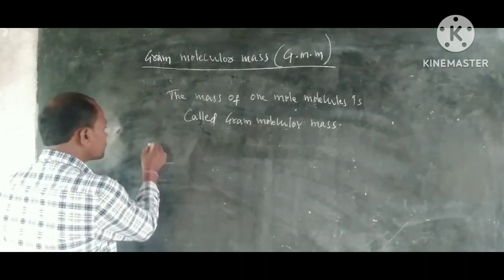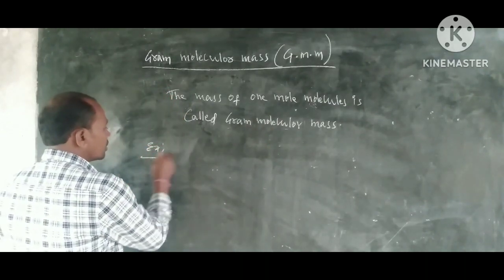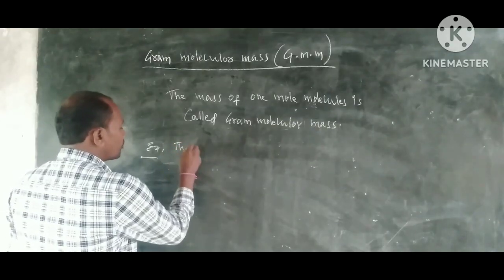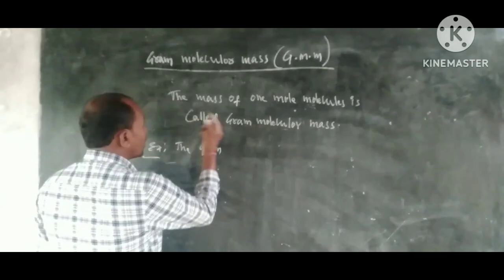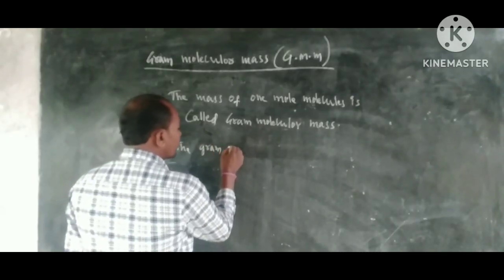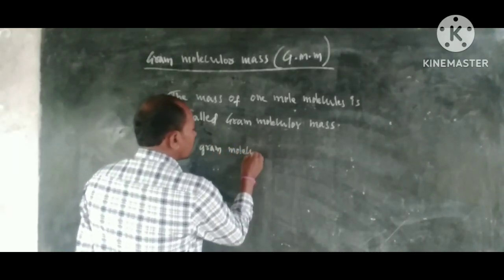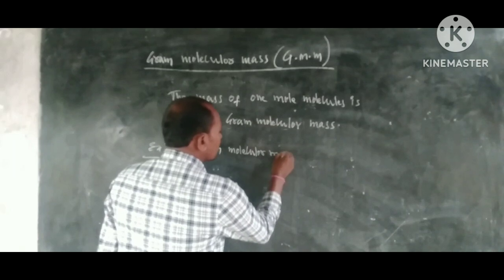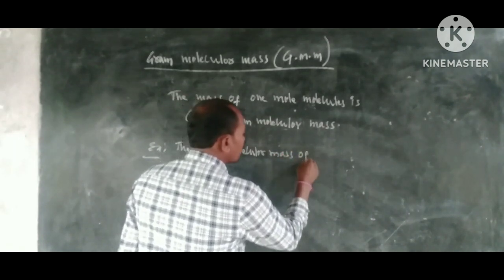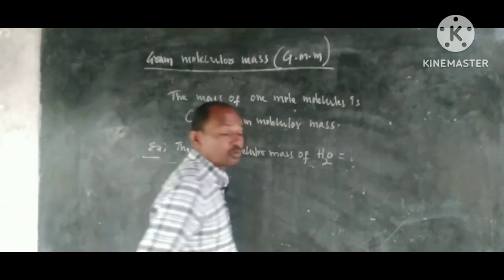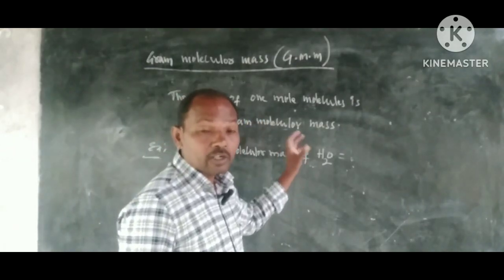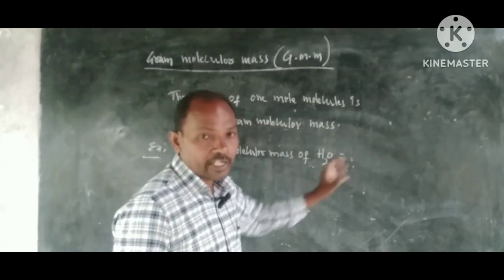For example, the gram molecular mass of H2O. Previously we saw the molecular mass of H2O is 18 AMU.